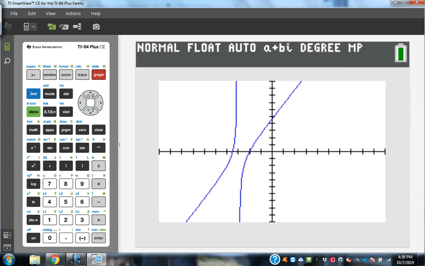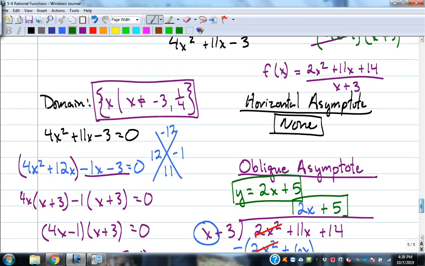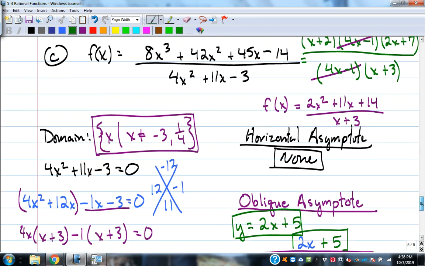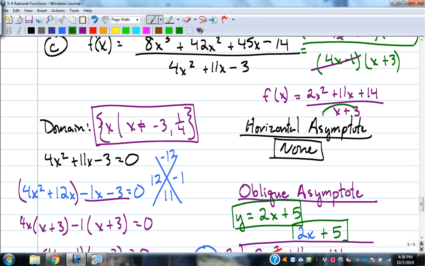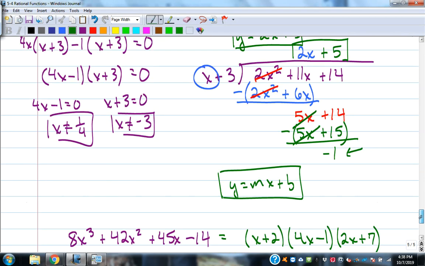Now we see right here at negative 3, we have a vertical asymptote, which we need to find. All right, vertical asymptote. Look at that part that's on the denominator. The only thing left is x plus 3, so we got a vertical asymptote.